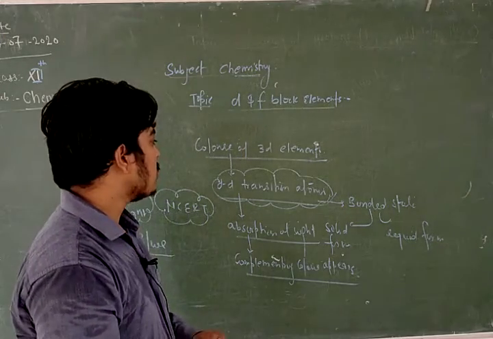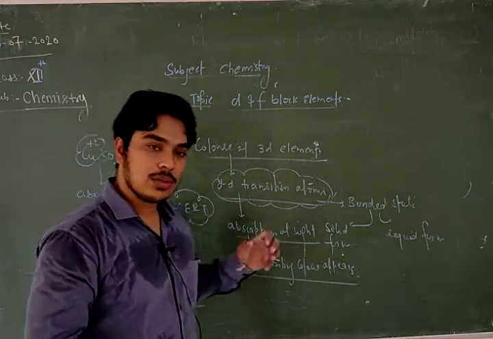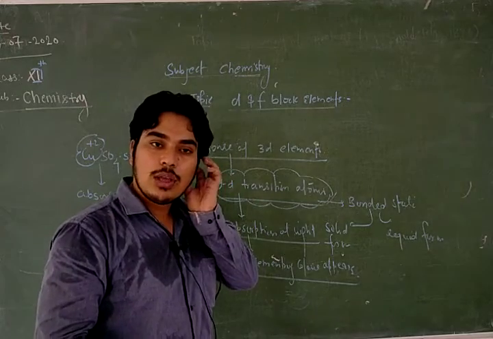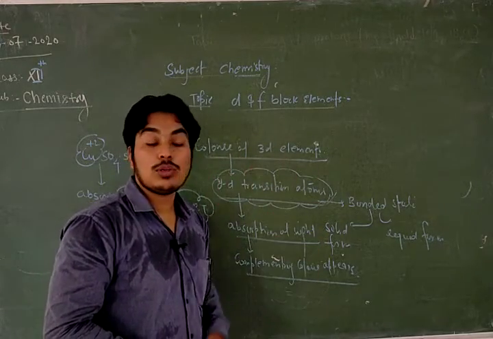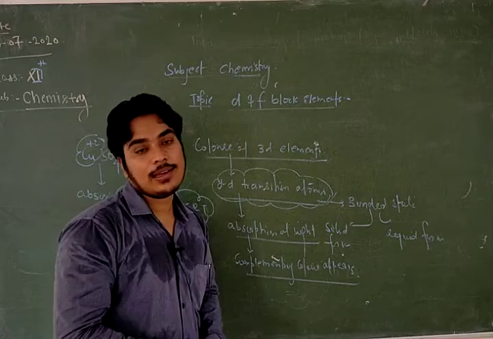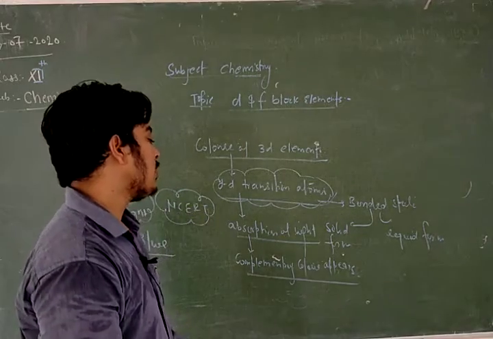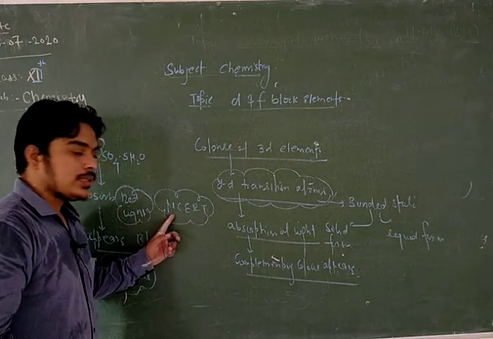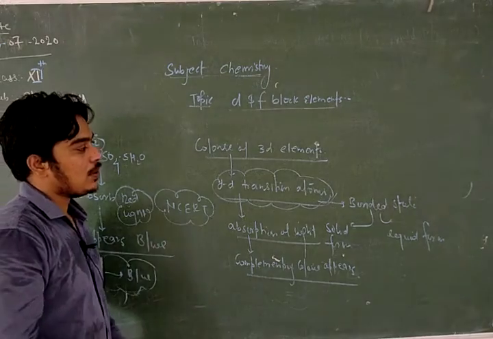Because the talk of color only arises when these atoms are going to be in combined form with any ligand. Okay, so finally you have to go through the NCERT book regarding the color of these compounds.